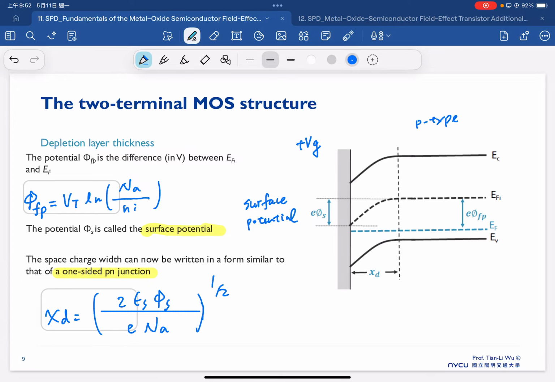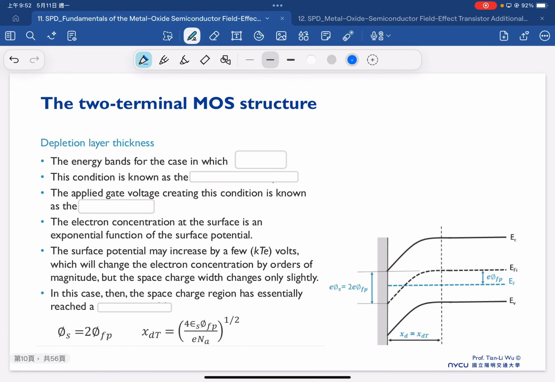And next, if we continue to increase bias, we will for sure see EFI getting lower than EF, and therefore there's a condition where our phi s, the surface potential, is equal to 2 phi fp.